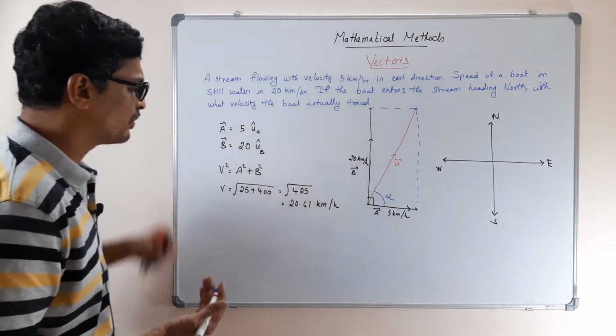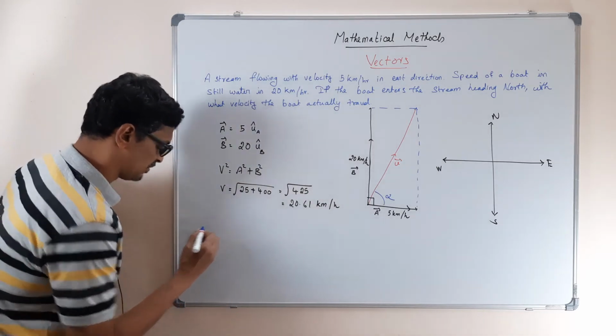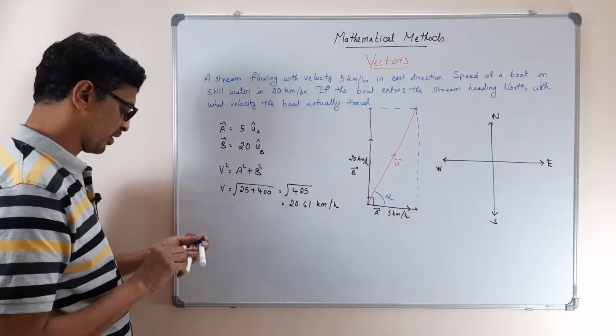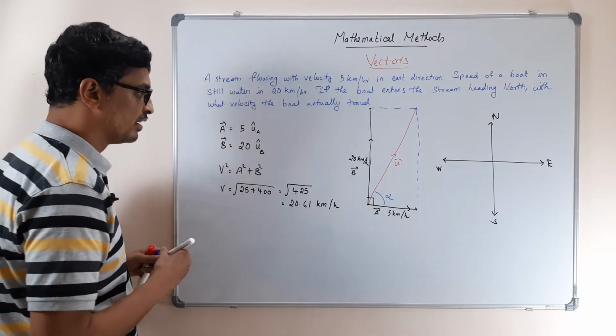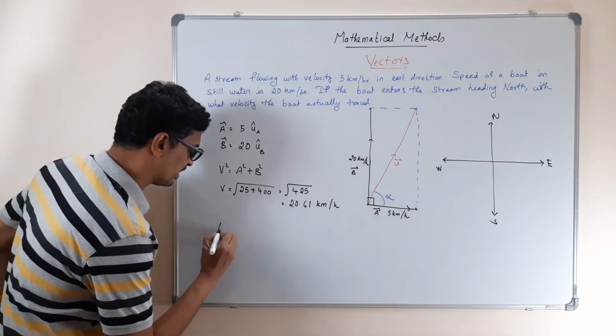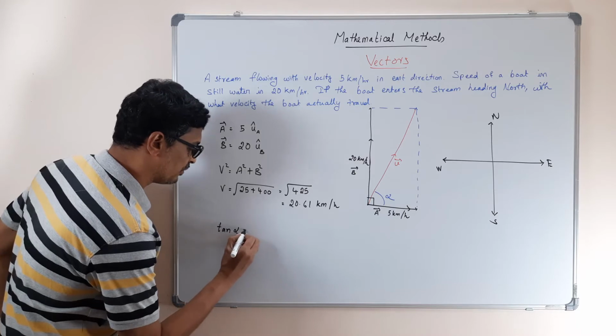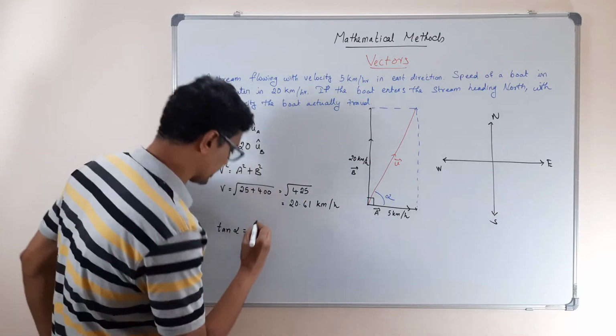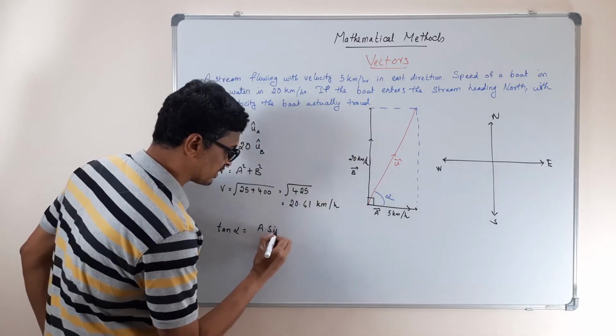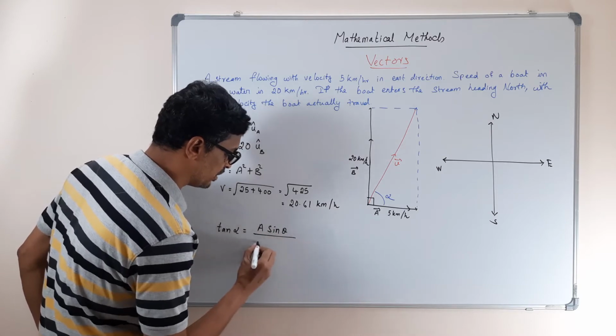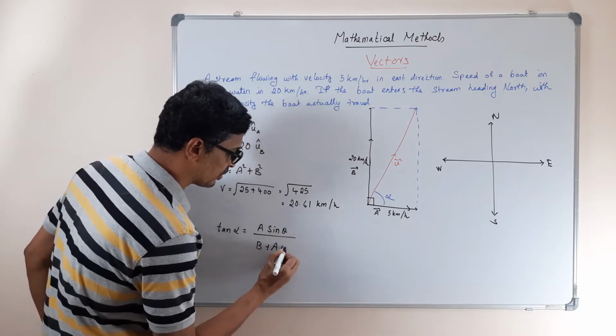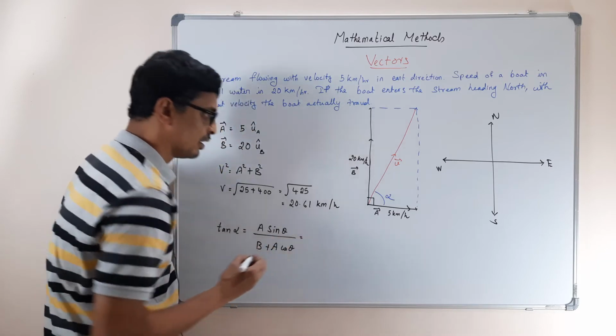Tell me what's the formula for alpha, tan alpha. Tan alpha equals A sin theta, you remember what we did? Tan alpha will be equal to A sin theta divided by B plus A cos theta. Okay.